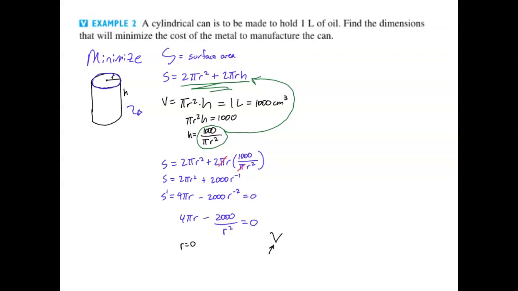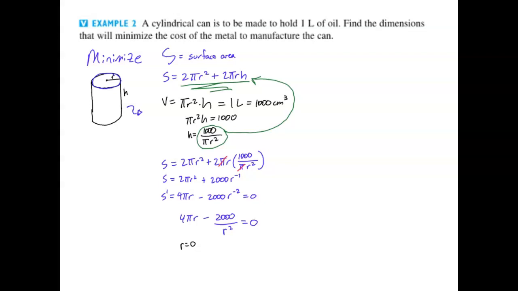In the real world, what volume would that have? 0. It's a degenerate cylinder, right? So it's still important for me to point that out because there can be cases where you'll have a critical value where your derivative is undefined and it is a maximum or a minimum. It's just not the case here. But we did acknowledge that r equals 0 is technically a critical value.